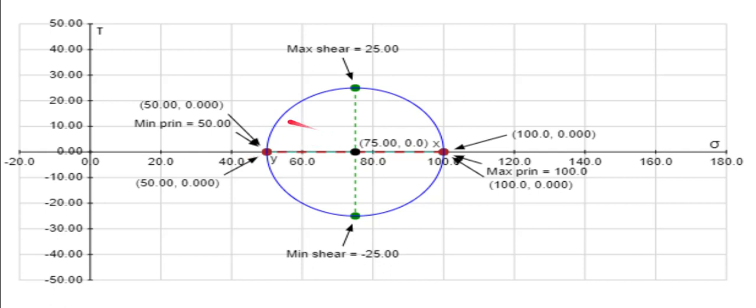We did solve a similar kind of problem in our last class, that we had some given stresses, and based on that we drew a Mohr circle. Now in a Mohr circle, we just have to see what are the points when our shears are 0, and in this case it is this point and this point.